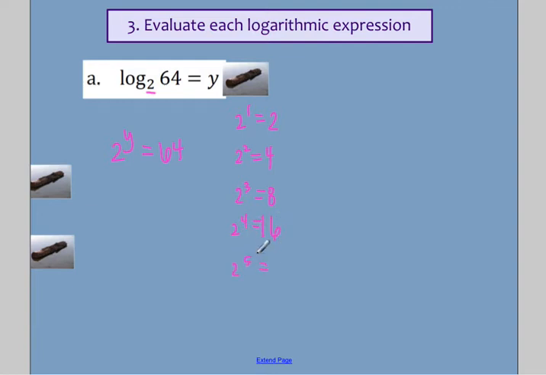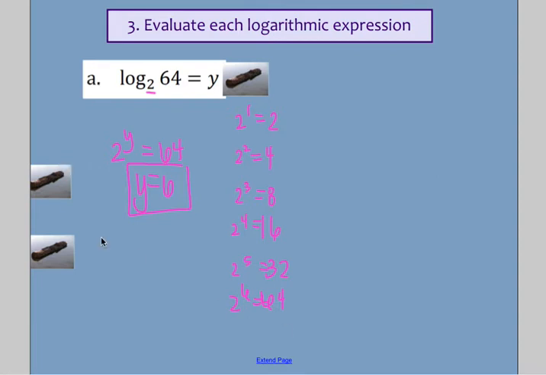I would just keep trying all these on my calculator till I get to my answer. This is 32, and 2 to the sixth is 64. So it's a little bit of a guess and check, but would we really have had to start with these lower numbers? Most likely not. Now I know 2 to the sixth is equal to 64, so y is equal to 6.